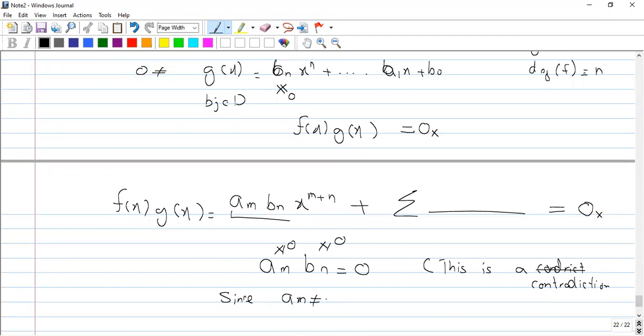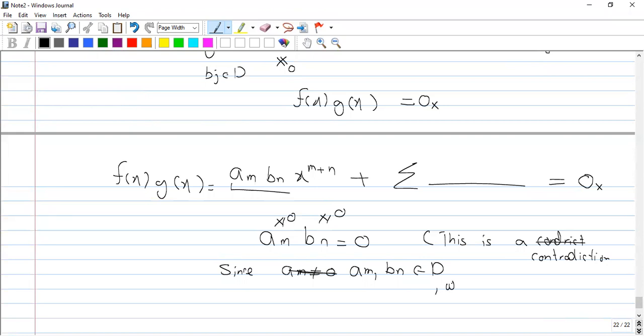Why is this a contradiction? Since a_m and b_n are in D, where D is an integral domain, in an integral domain it is not possible that the product of two non-zero elements is equal to zero. So this is a proof.